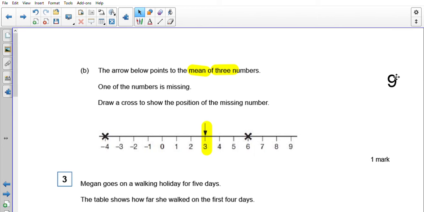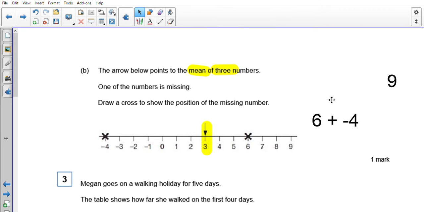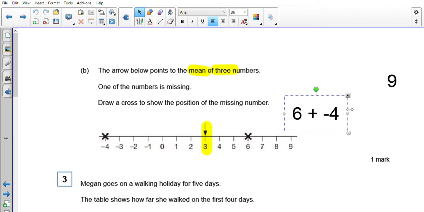Then all I need to do is work out what I've already got. I've got 6 and negative 4. Now 6 plus negative 4 is actually going to give me an answer of 2.